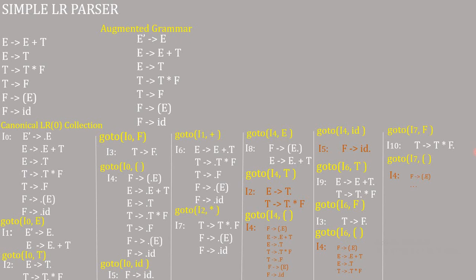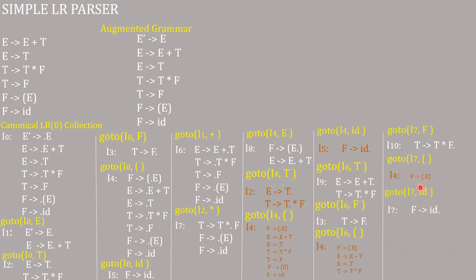The next one is goto of I7 comma open bracket. When you implement this, you will be getting F tends to open bracket dot E closed bracket, and again you will be applying the closure operation for this E. Once you apply it, you will be getting the same item set as I4.